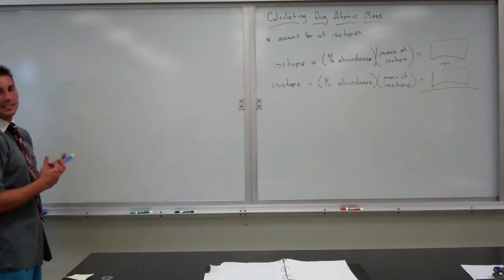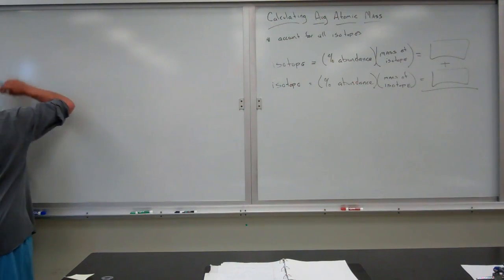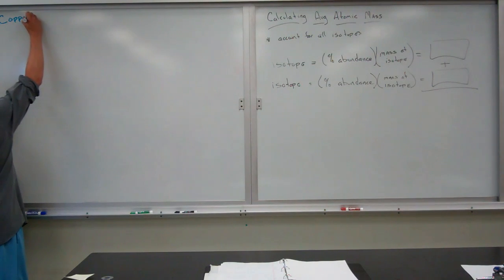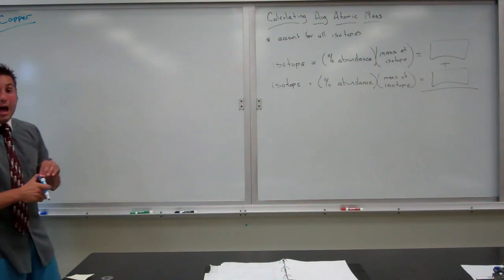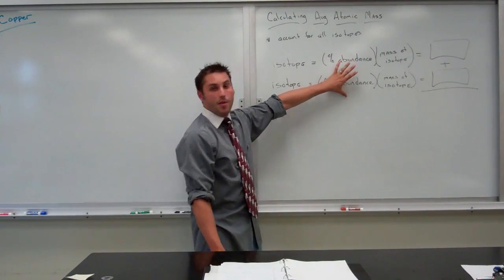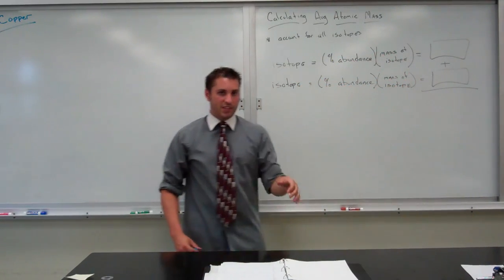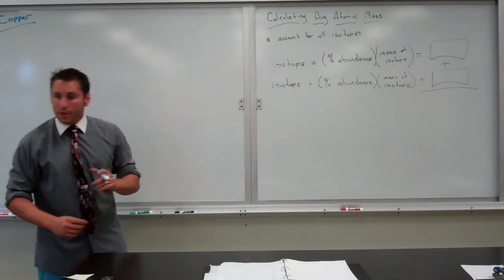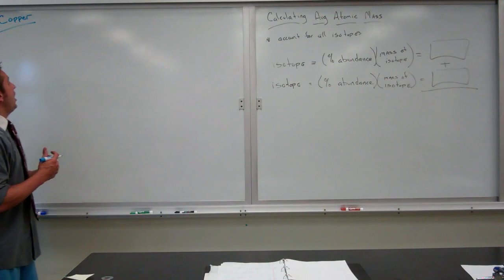Let's take a look at something off the table like copper. Now, I would have to give you some information. There is no way I would ever expect you to know the percent abundances or the mass of the isotopes. So I have it up here on my computer screen, but I'll list them up here for you so you can see what's going on.